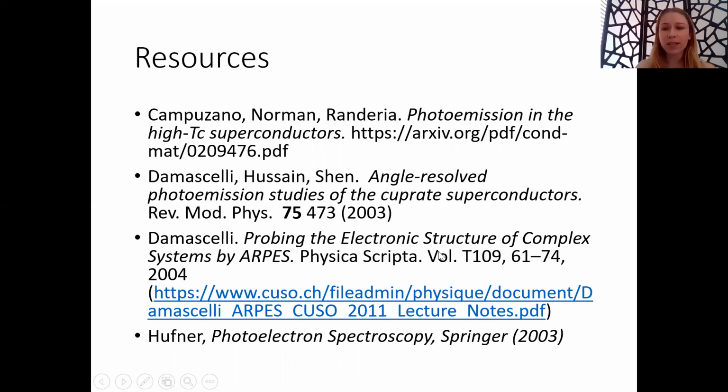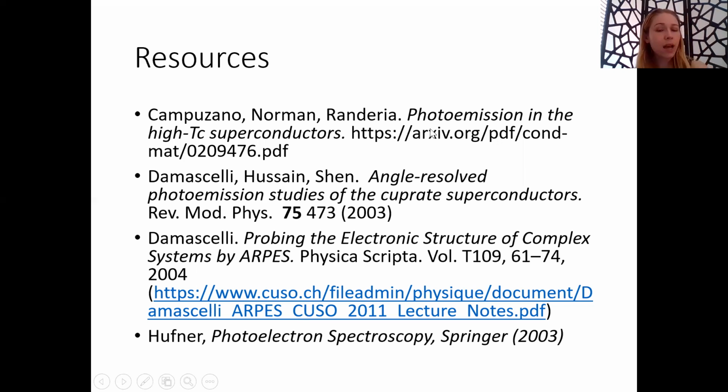In the slides that preceded this, I mainly talked about momentum in the plane, but information about out-of-plane momentum, the kz direction, can be learned by varying the photon energy. This third resource gives a really nice description of how to do that. It's also a fairly short paper as compared to the other ones here. So that is something to look at.